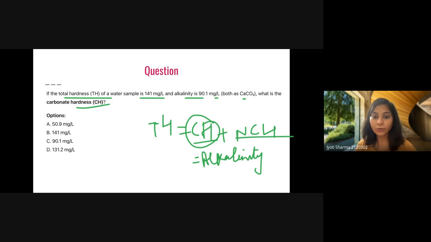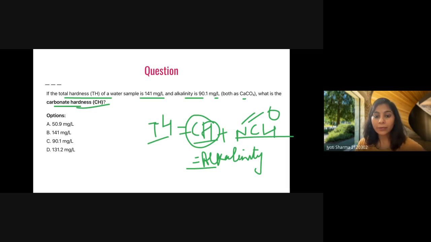If it is zero, then total hardness will be equal to alkalinity only. Here it is given that total hardness is 141 and alkalinity is 90.1, and the question asks for the carbonate hardness.